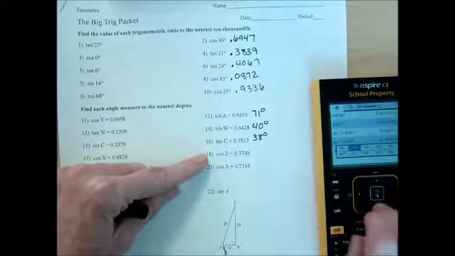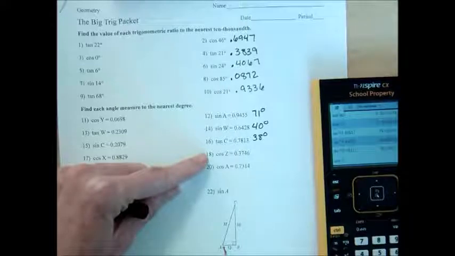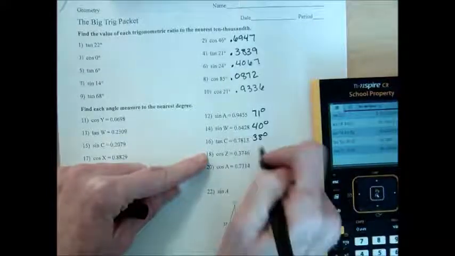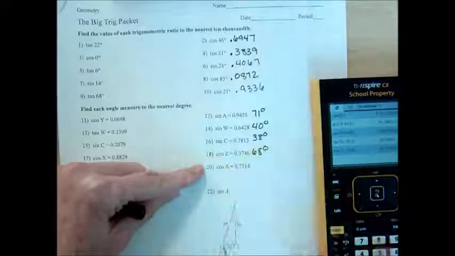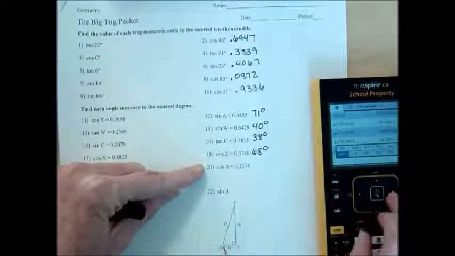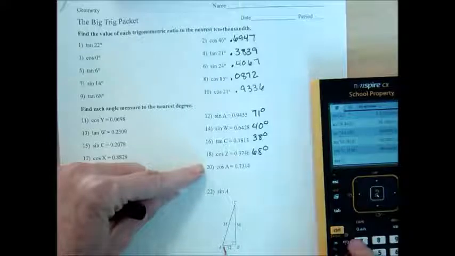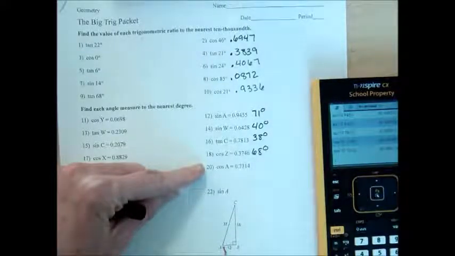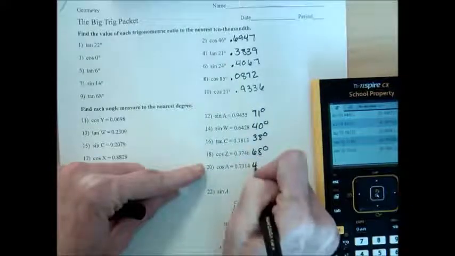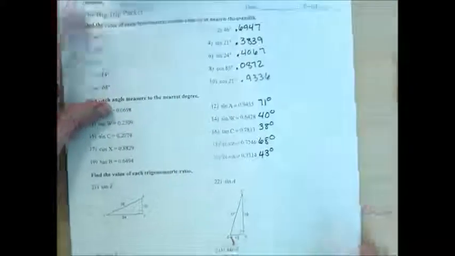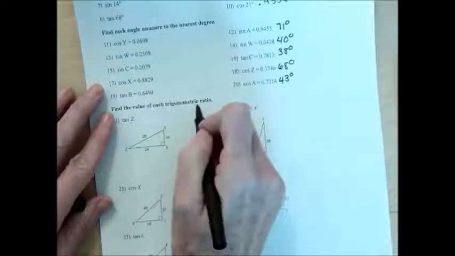Inverse cosine, 0.3746, 68 degrees. Inverse cosine, 0.7314, 43 degrees.